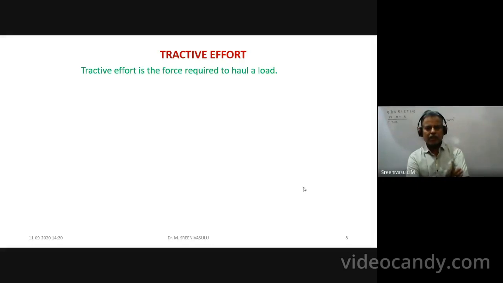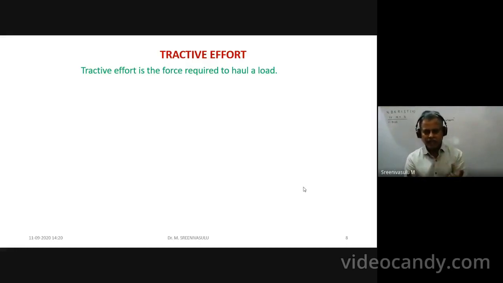But altogether, they say that it is the friction between the wheel and the road surface, which maintain contact. Altogether this is nothing but a force that is essentially required to pull the load. That pulling is possible when there is sufficient grip between the wheel and the road surface.